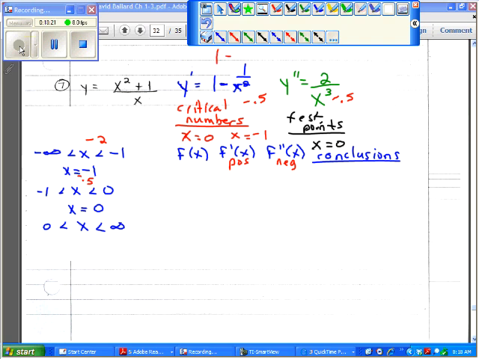So what we have is 1 minus 1 over 1/4. Are you with me there? And that's the same as 1 minus 4, the reciprocal, so you're going to get -3. Okay? So we get a negative right here for the first derivative in that second interval. Now, -0.5 cubed is a half times a half times a half is an 1/8. So you have 2 divided by -1/8. A positive divided by a negative is a negative. It's going to be -16, but it's negative. That's all we care about. And so we got negative and negative.